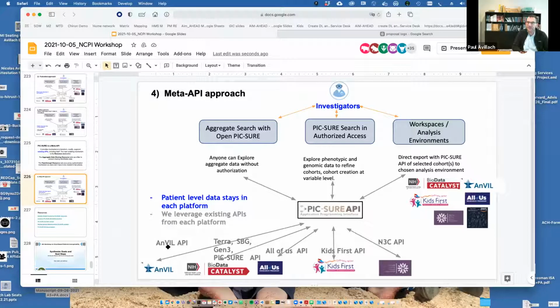No, because it needs work and development from many different teams that have to work together. This is just one option, one toolkit. I've heard 4 different ways PIC-SURE could be used, but there's also work from the other platforms. So it's about initiating a much more pragmatic approach now, because there's a more urgent need to make this happen. But definitely we are eager to collaborate on those topics.